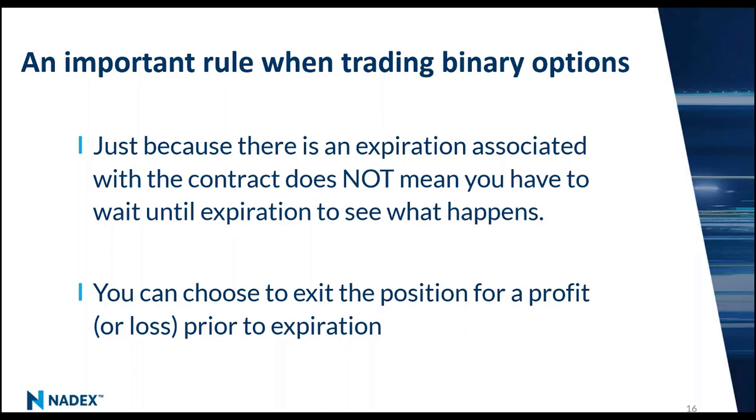And the answer is no. If you bought it at 60 and it went against you and you said, oops, I made a mistake, you could sell it back out at 30 and cut your losses. You risked 60, you sold it at 30, you lost $30, but that's better than losing all 60 because it didn't do what you thought it was going to do. So you absolutely can trade out of your position early.